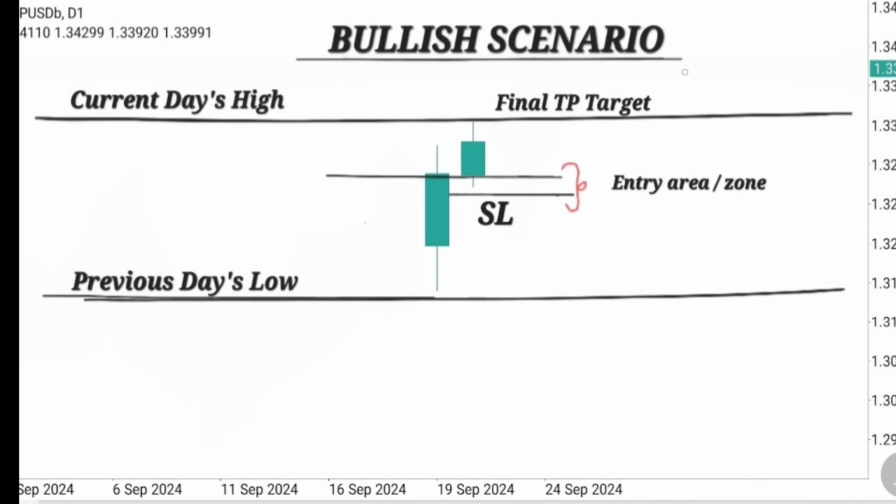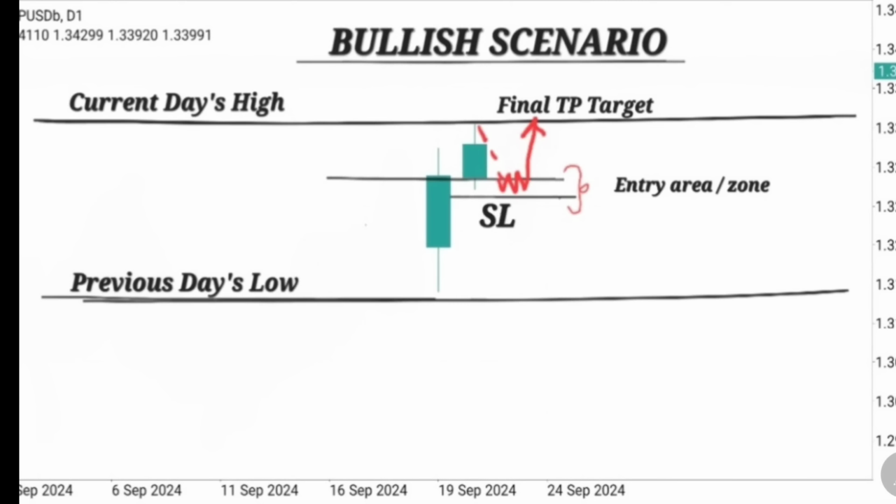So you mark this candle close for the bullish, and now the intersection here, you just mark the intersection of the wick right there. Then you're expecting that price would come to this zone, and buy from here.